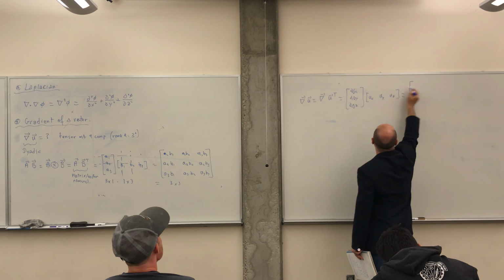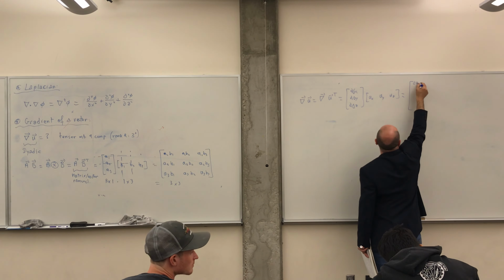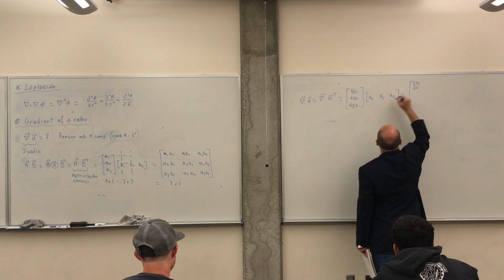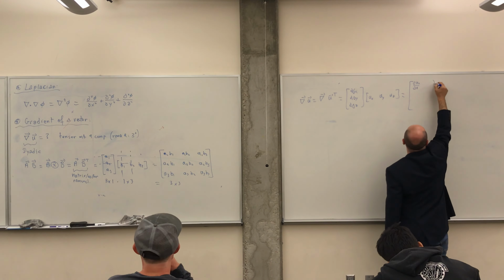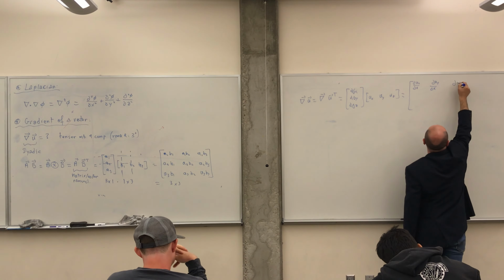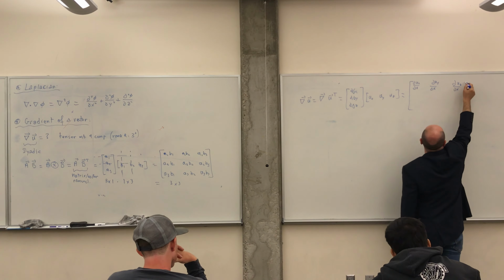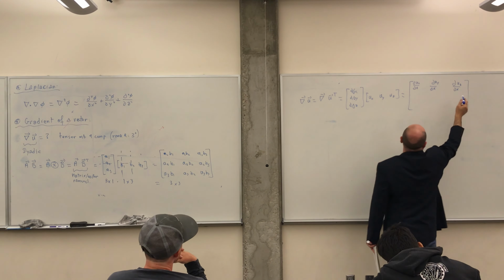And so first row, first column, that's dux by dx. First row, second column, duy by dx, correct? And first row, third column, duz by dx. So you notice the first row has all d by dx.